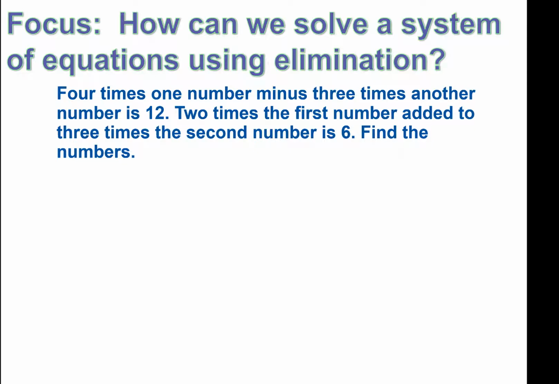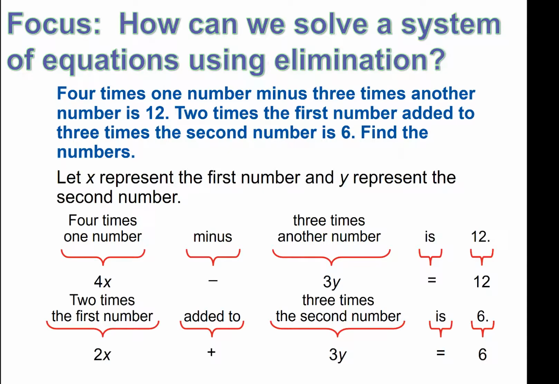We're also going to need to solve word problems when we have systems of linear equations. 4 times one number minus 3 times another number is 12. That would give us one equation. 2 times the first number added to 3 times the second number is 6. Find the numbers. So we're going to write two equations here.